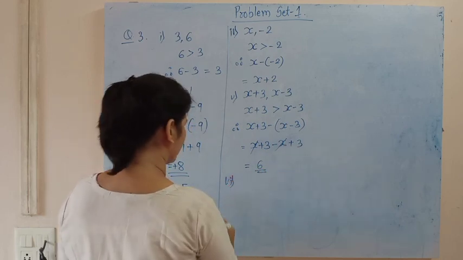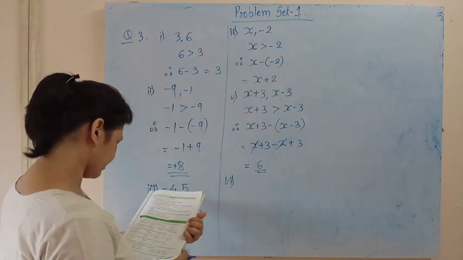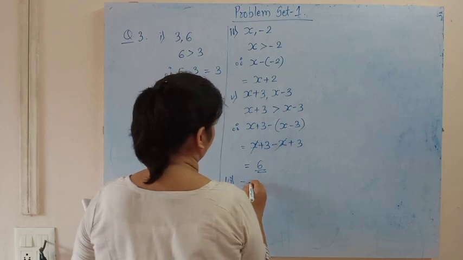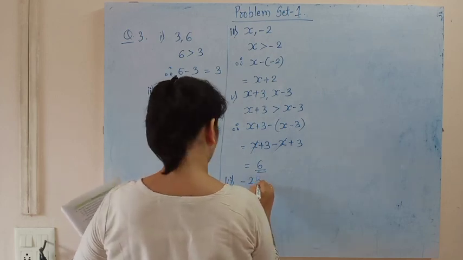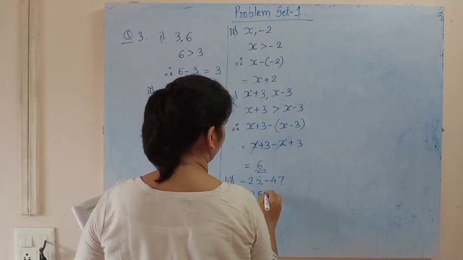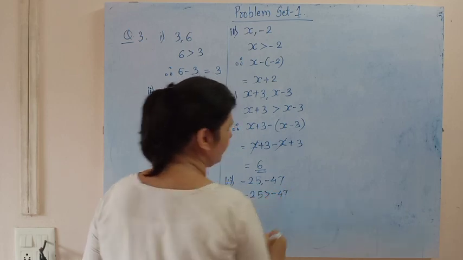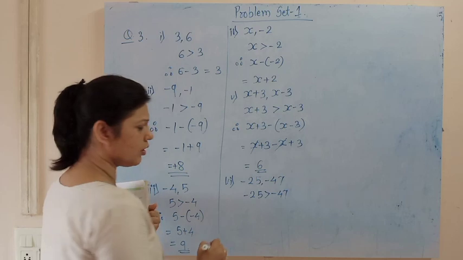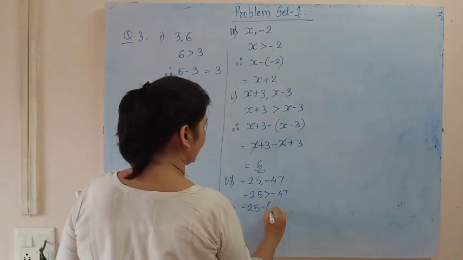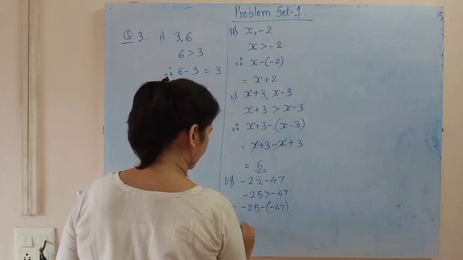Now in sixth question, see -25 and -47. So -25 is greater than -47. Okay, so what happens? See, -25 minus -47.